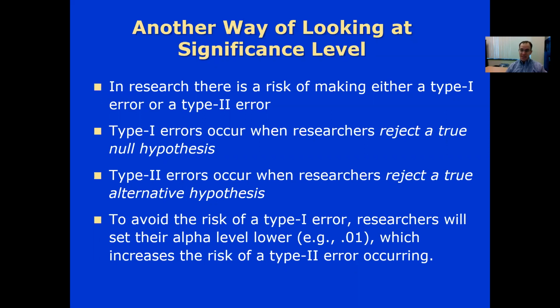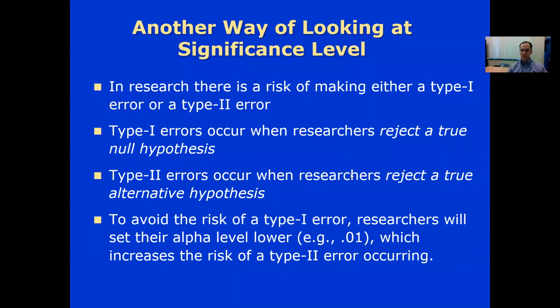But the downside to this is it increases the risk of a type 2 error occurring. So this is very important: if you set the alpha level lower, you reduce the chances of a type 1 error, but you increase the risk of a type 2 error.